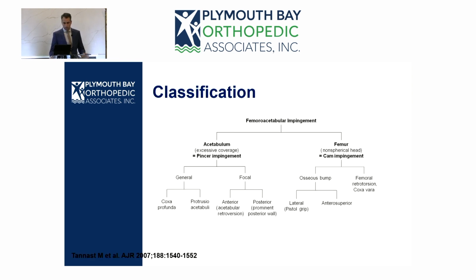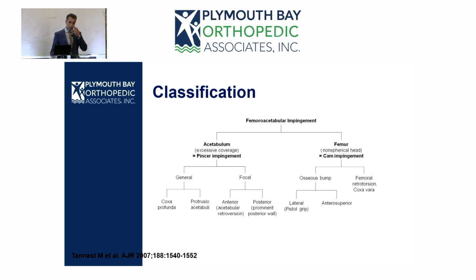So the basic classification of femoroacetabular impingement, like I said, can be on the femoral side or on the acetabular side. Generally this can be because the socket is too deep, in cases of coxa profunda or protrusio acetabuli, but it could also be from the rotation of the acetabulum itself, the version, and the size of the wall itself.